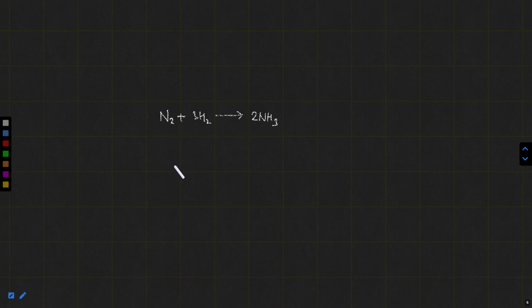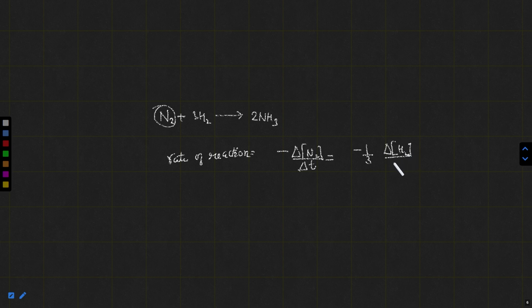Now, if you want to write the rate of reaction, then we will write it as rate of reaction is equal to, first of all, in terms of N2, negative change in concentration of N2 divided by change in time is equal to minus 1 by 3 delta H2 by delta T.